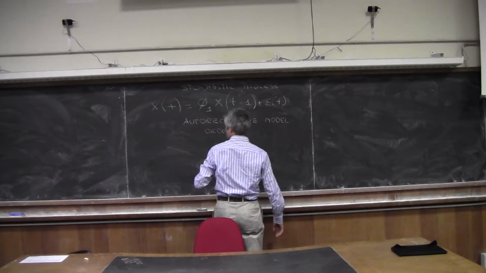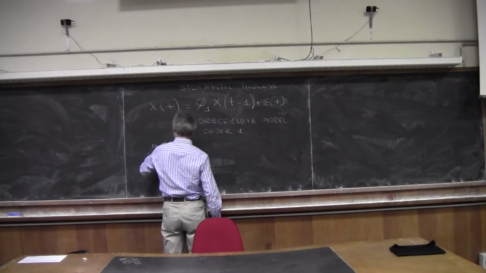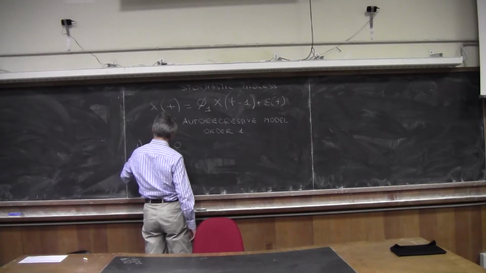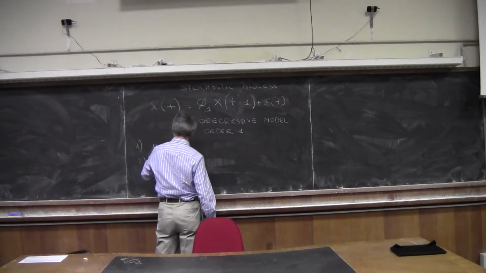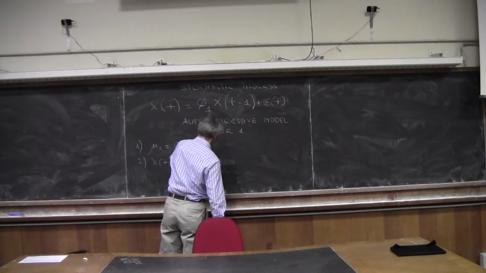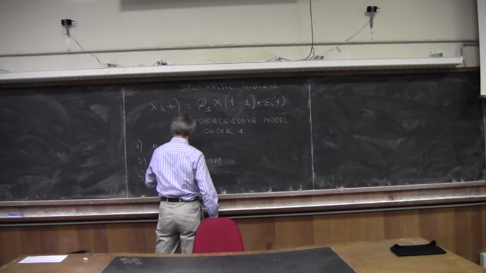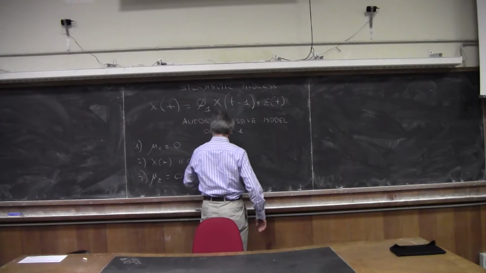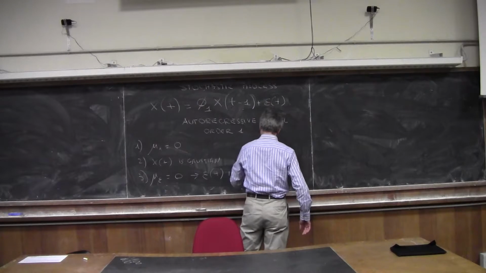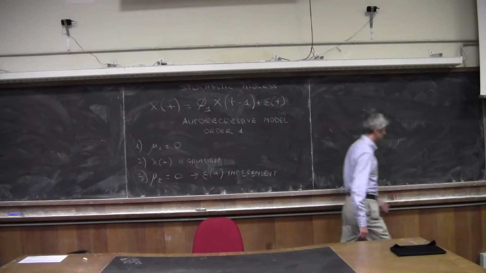And the hypothesis is that the mean of x is equal to 0, x is Gaussian, and the mean of epsilon is equal to 0, epsilon is independent. Okay, this is where we got.